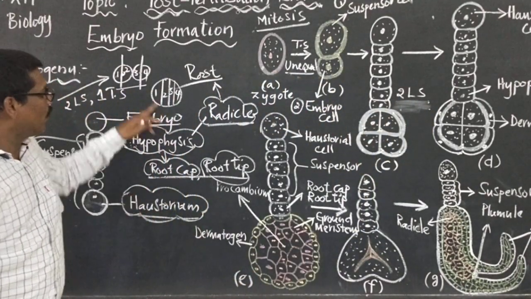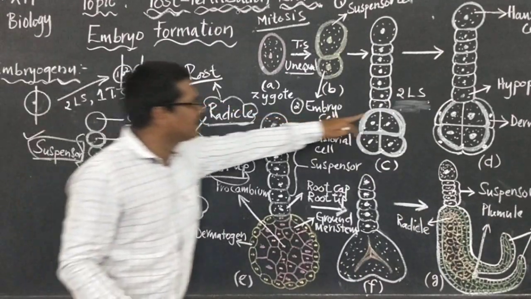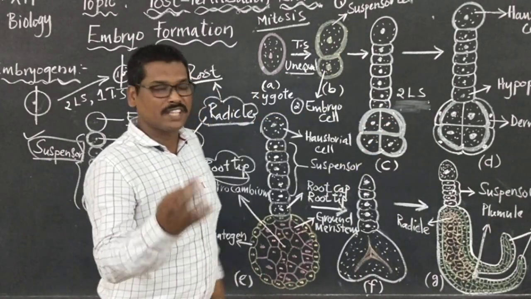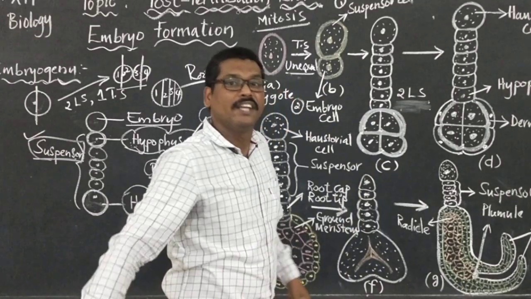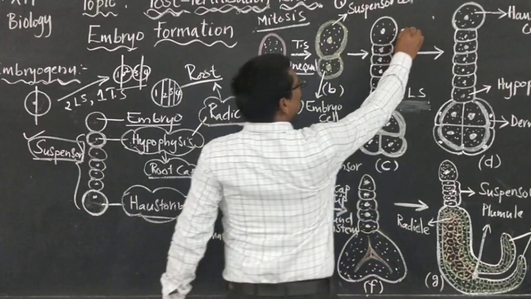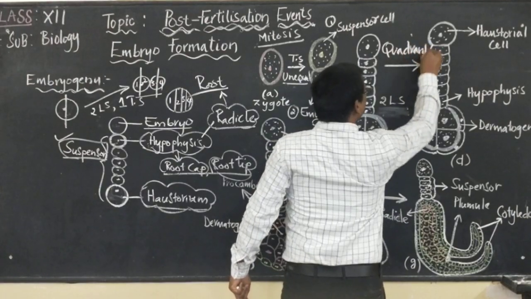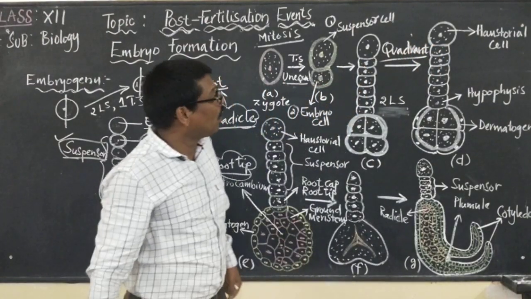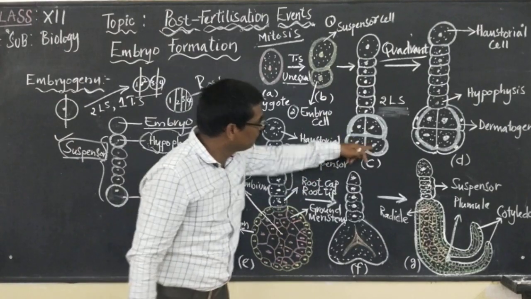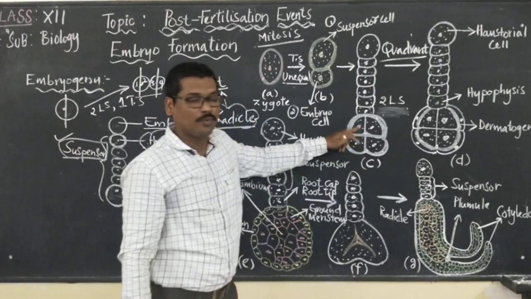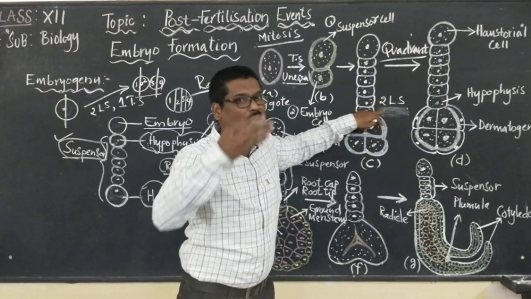Once it undergoes 2 longitudinal divisions, how many cells are formed? 4 cells. This structure, in some cases, we also call the quadrant stage. We call it quadrant when it is showing 4 cells.